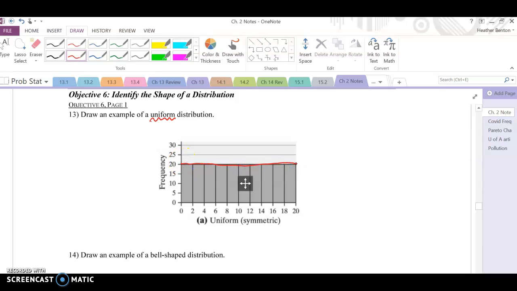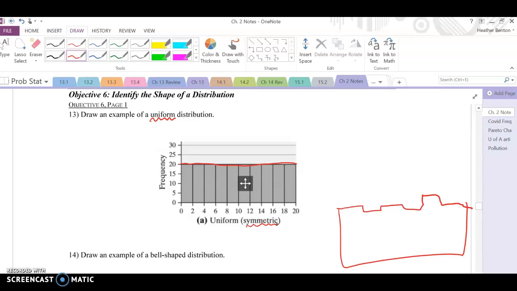Sometimes we'll describe a distribution as mostly uniform if it's just barely, but for the most part it's straight across, even though it's not exact. We would also describe this as symmetric.